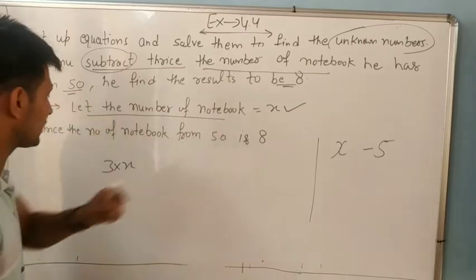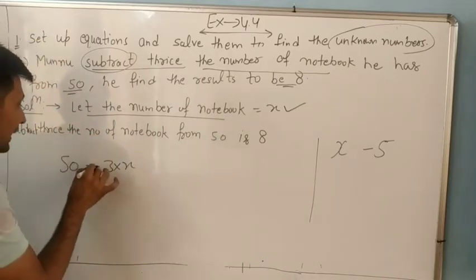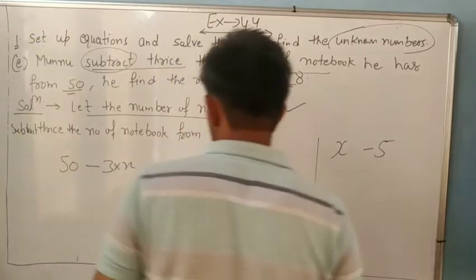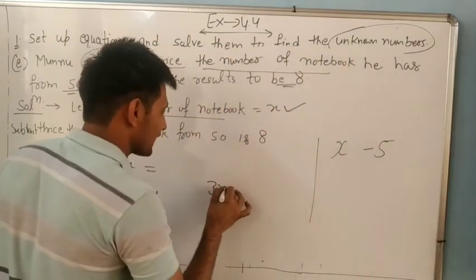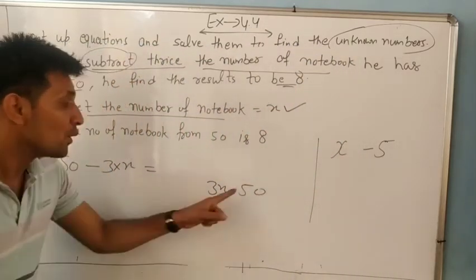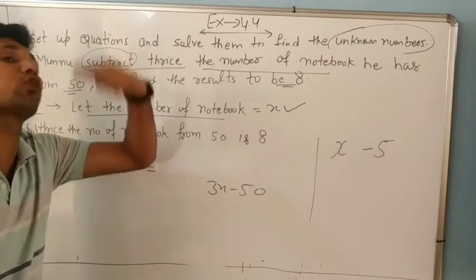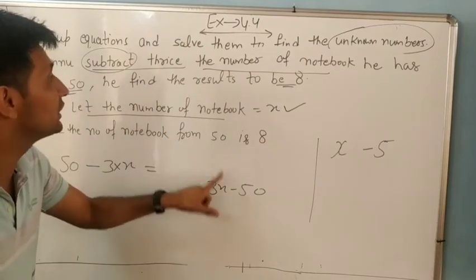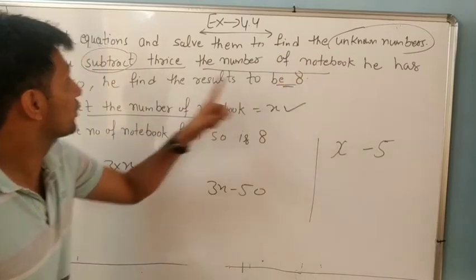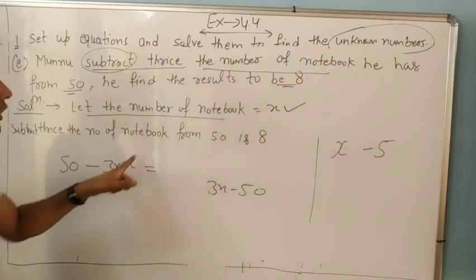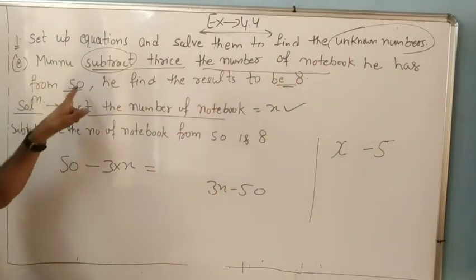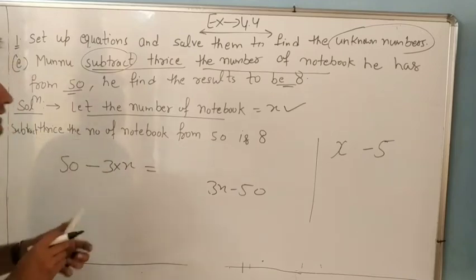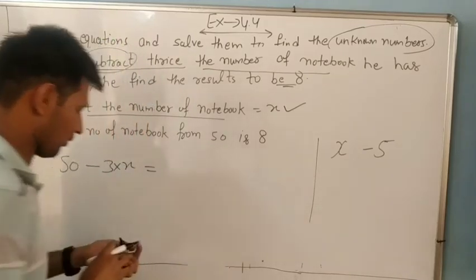So 50 minus 3x. Don't write 3x minus 50, it means 50 subtracted from 3x. But the question says thrice the number of notebooks subtracted from 50, so 50 minus this one. Don't write the other one, it is wrong.